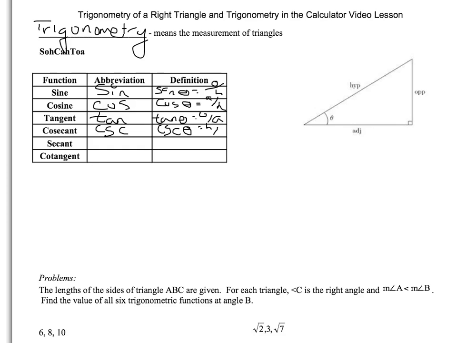So it's going to be H over O. Secant is the reciprocal of cosine. Its abbreviation is SEC. And you have to flip the secant fraction, so it's H over A. And cotangent is COT. Cotangent of theta is going to equal adjacent over opposite then.